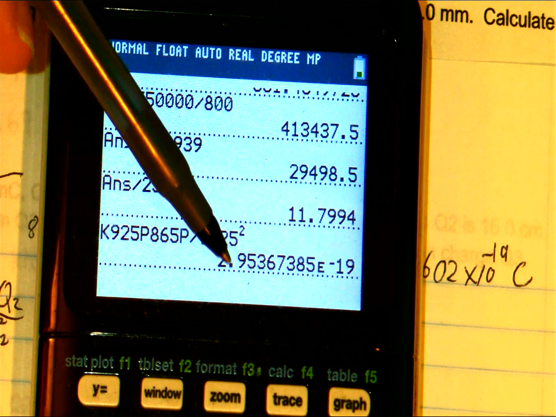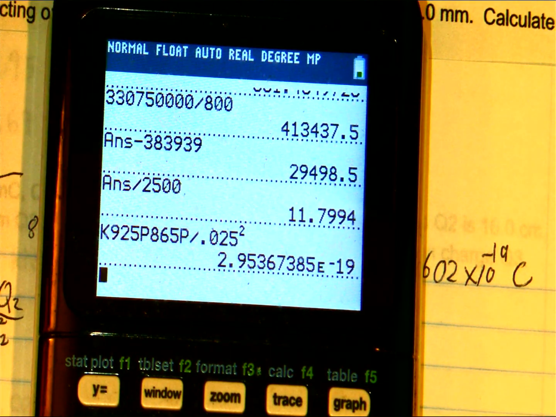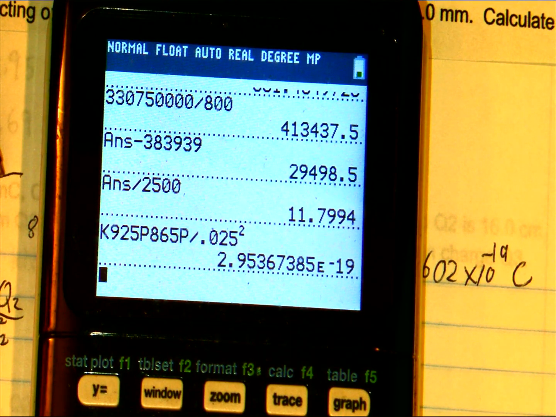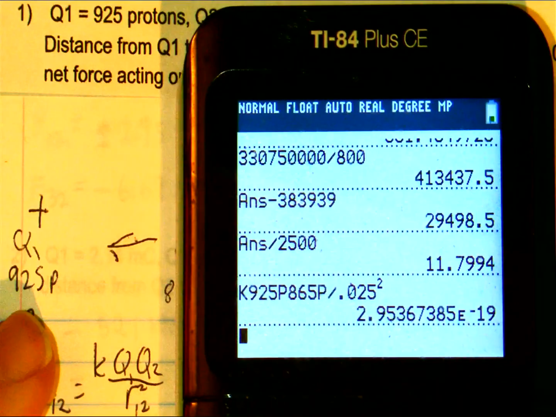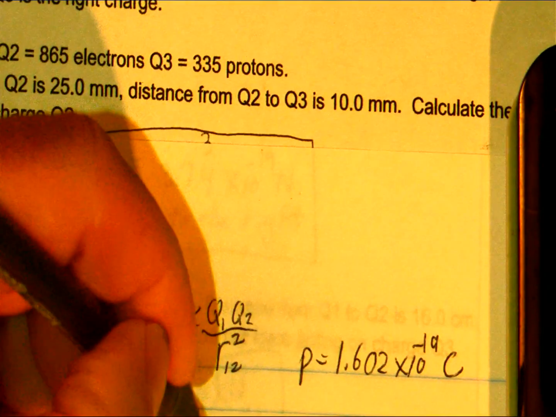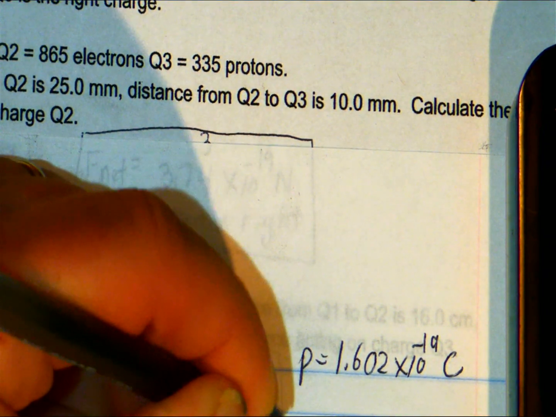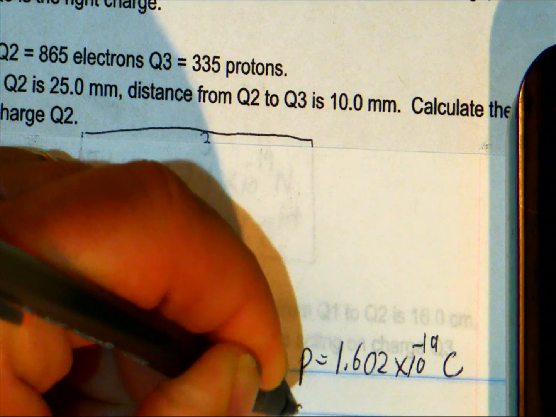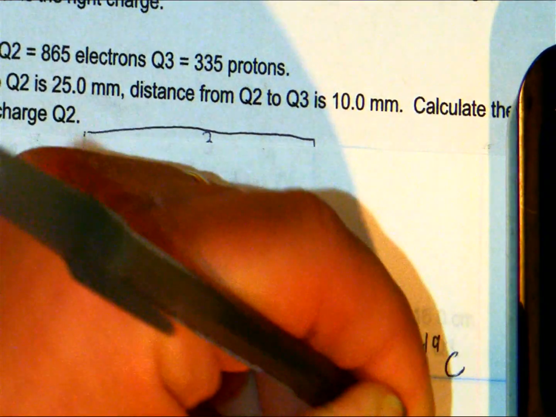Now, I didn't bother with the minus key because I already figured out that this is the magnitude of the force that's going to be pointing to the left in this situation. So here it is, 2.95 times 10 to the negative 19th power newtons to the left.